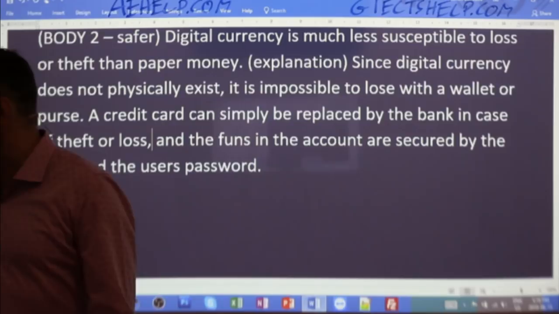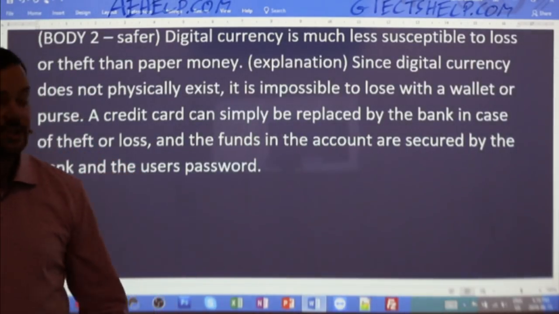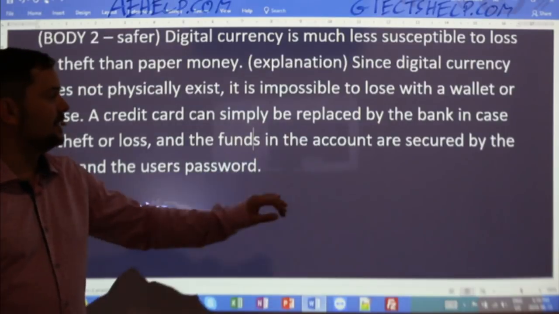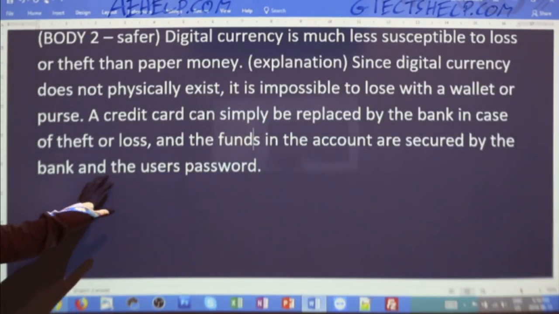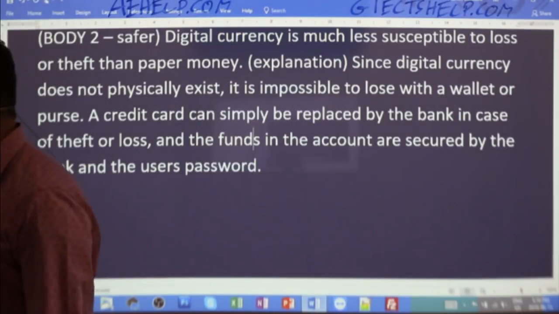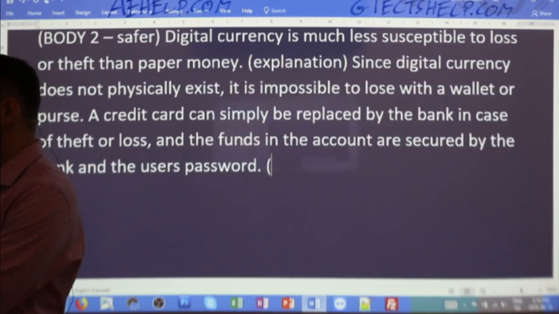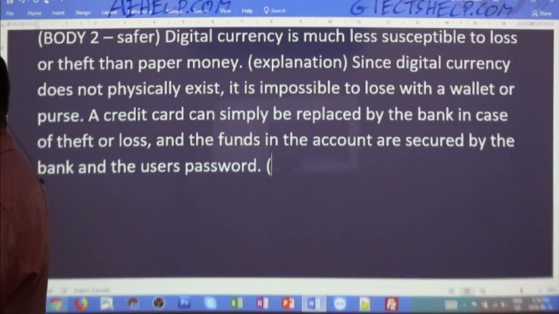And the funds, make sure you make these corrections, funds in the account are secured by the bank and the user's password, right? So here, that's good enough for the explanation. Again, you could go into more details if you're a fast writer and you still have lots of time, but make sure that you have enough time for some good examples.